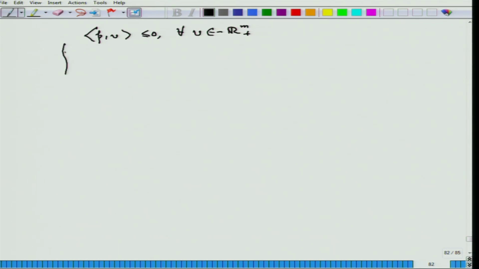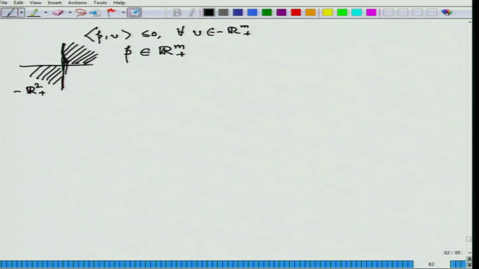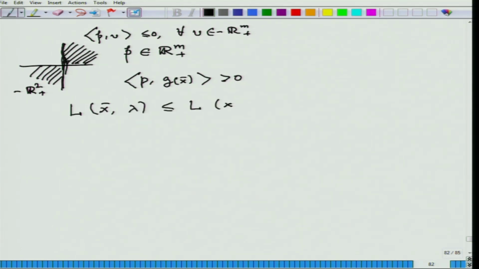Basically, find all the vectors P which form an obtuse angle with elements here. This is your R^2 minus R^2_+. So, this implies P is an element of R^m_+. Now, what do I have? That now shows that P is an element of R^m_+ and P of g(x bar) is strictly bigger than 0. But I have that L of x bar, lambda is less than or equal to L of x bar, lambda bar.